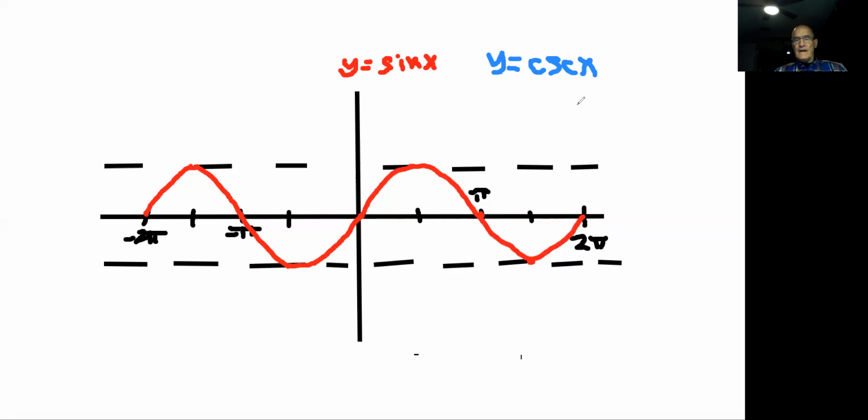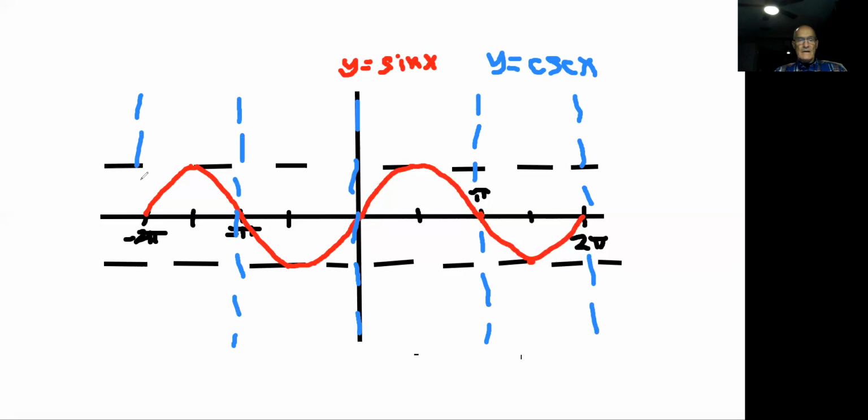So everywhere I have a 0, I have a vertical asymptote. So I have a vertical asymptote right here, and here at 0, and here at minus pi, and here at minus 2 pi.